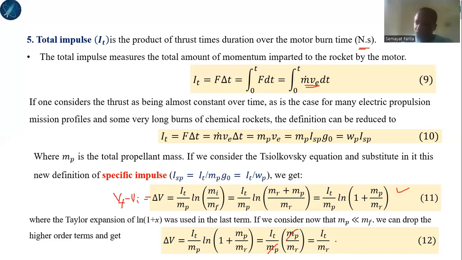You have left IT, which means total impulse over mass of rocket. So this is the rocket equation again.